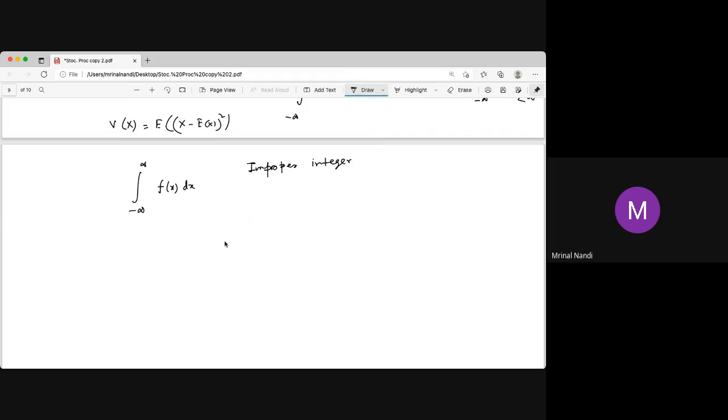So the limit as x tends to 0 of fx does not exist, or the limit as x tends to 5 minus of fx is infinite, not finite. If your pdf is like that, with something infinite and then 0, then the question is: what do you mean by the minus infinity to infinity integration?